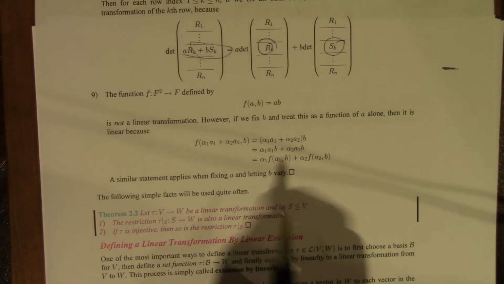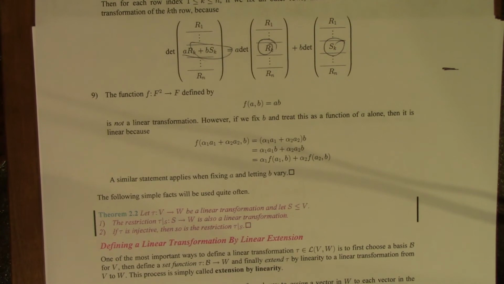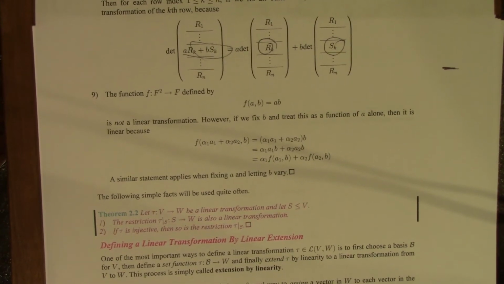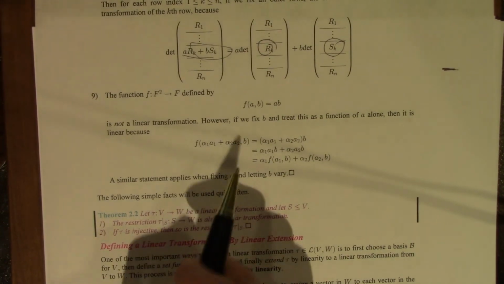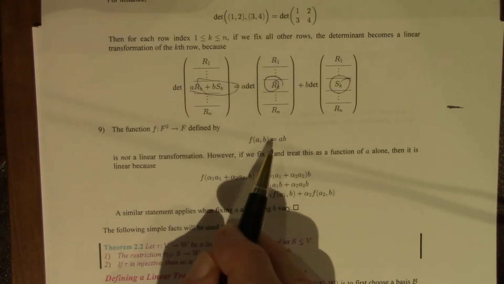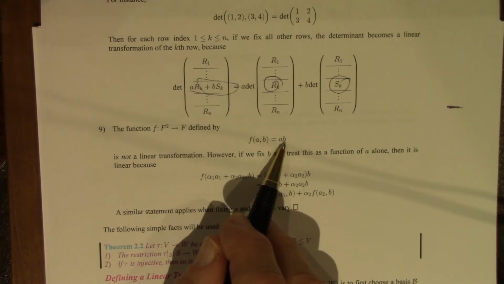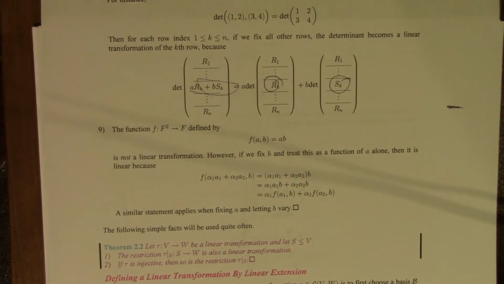And a similar statement, of course, applies if we fix a and let b vary. So this function is linear in each variable separately. The other variable must remain fixed.